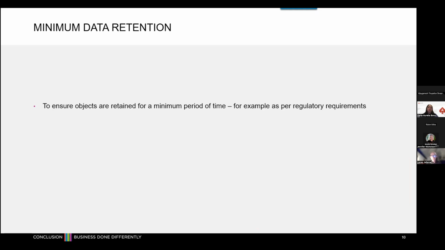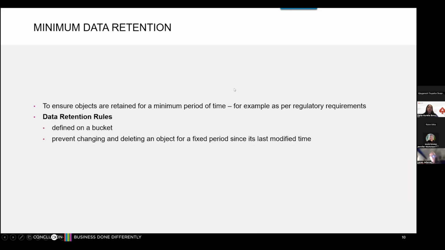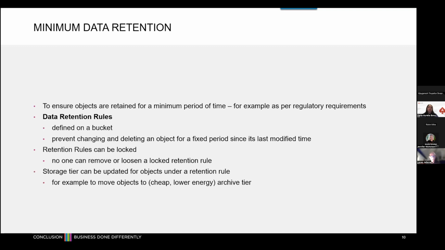You can define the data retention rules, and as long as the rule hasn't expired, as long as the object should still be retained, it will be retained, and you can even lock the rule, which means you can't break it, which means no one can remove that specific object.